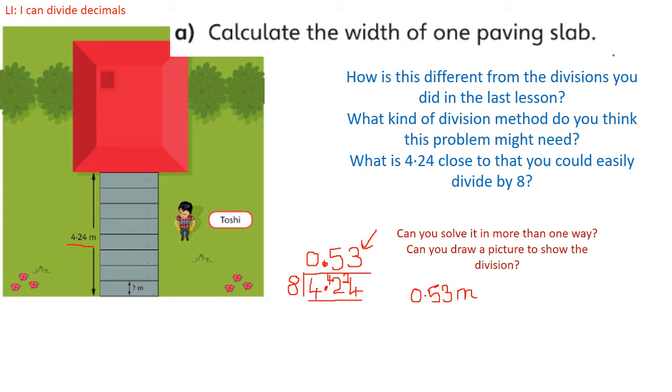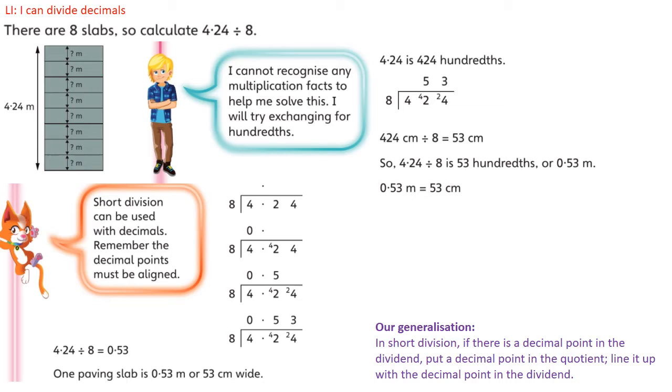We're measuring in metres. Is there another way we can write that? There is, isn't there? We could have written 53 centimetres because that is the same thing. Now, do you remember I said there were 2 ways that we could calculate this? The other way I could have done it is I could have converted my 4.24 metres into hundredths.